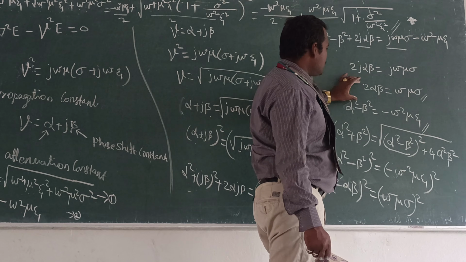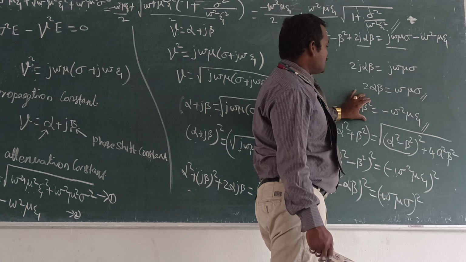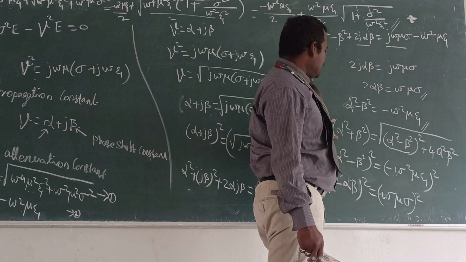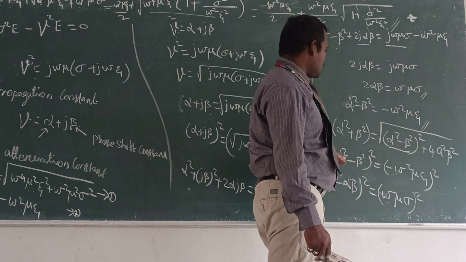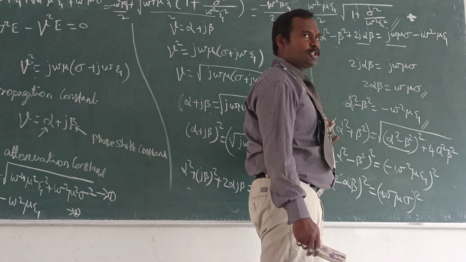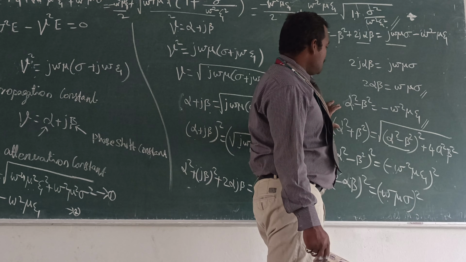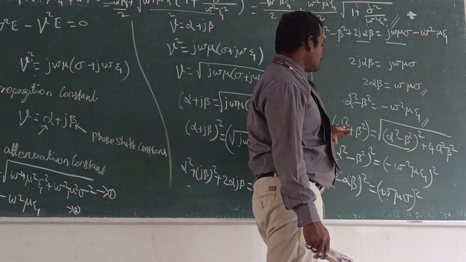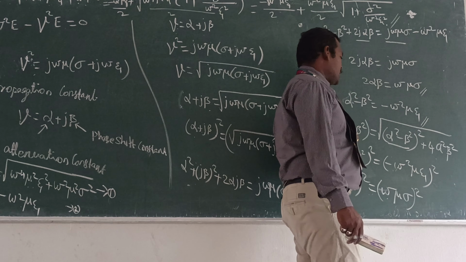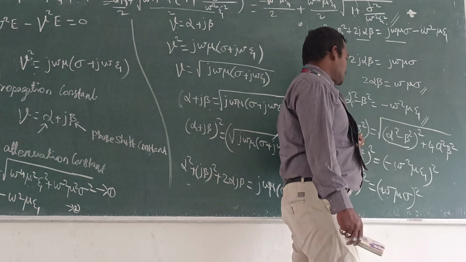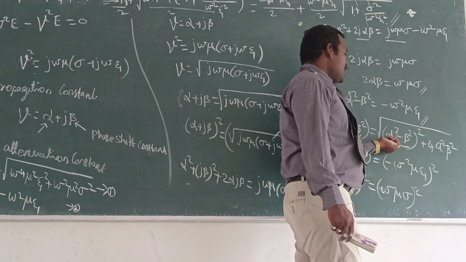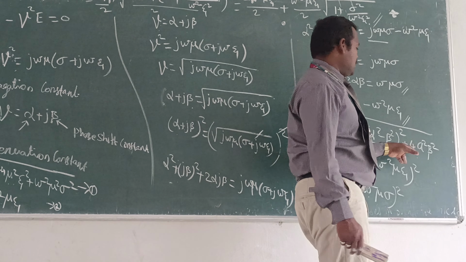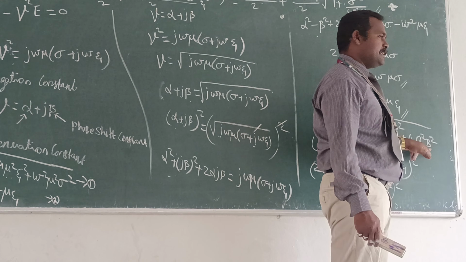Then you can find alpha square minus beta square. But we need to find alpha as well as beta, both. So we know the general formula: alpha square plus beta square should be equal to the square root of alpha square minus beta square whole square plus 4 alpha square beta square.